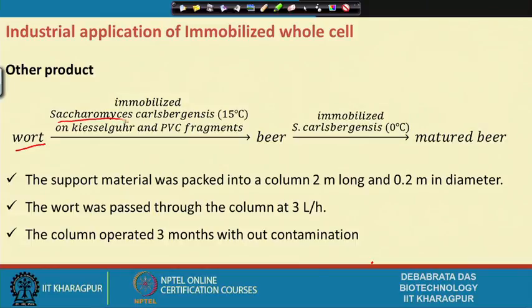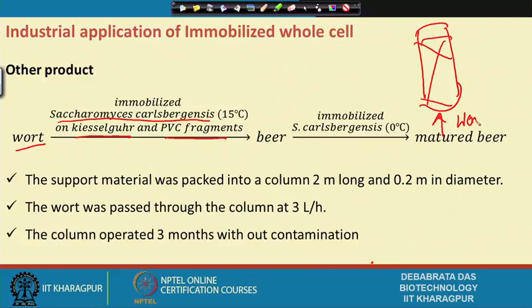This is mostly used for lager beer formation, and it is immobilized on Kieselguhr or PVC fragments, and then the wort continuously passes through this column, and we can produce the beer. Here we will get the beer. Then again we pass it through Saccharomyces carlsbergensis in another column to get the mature beer.